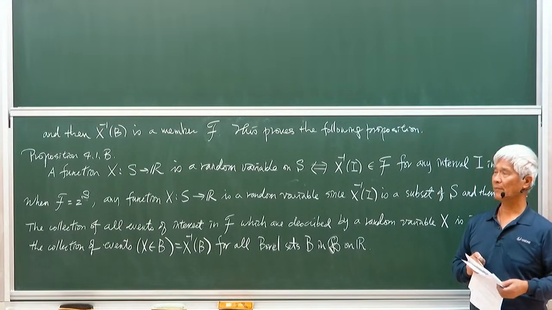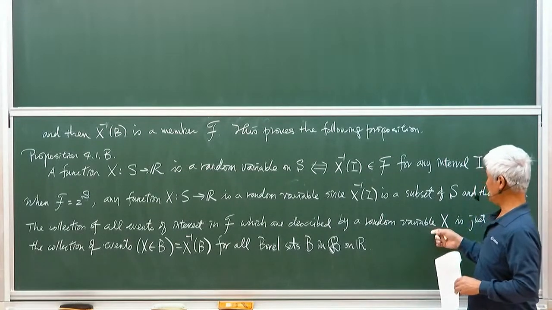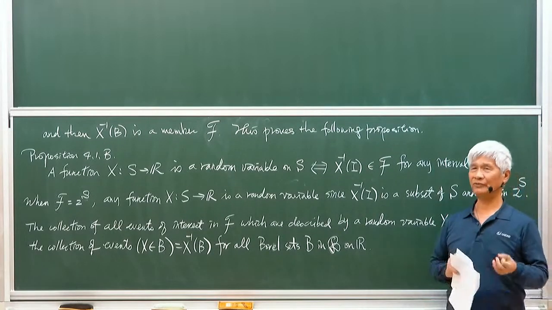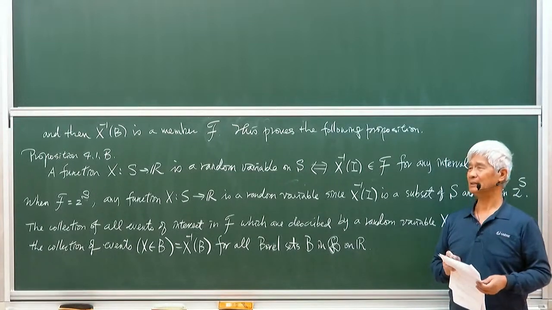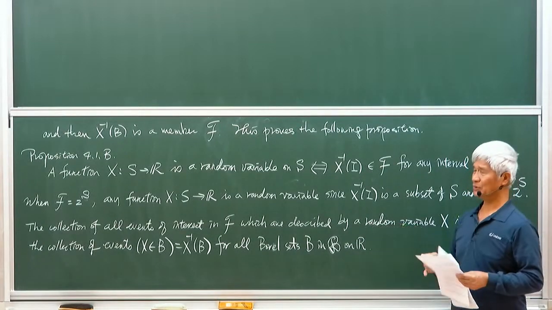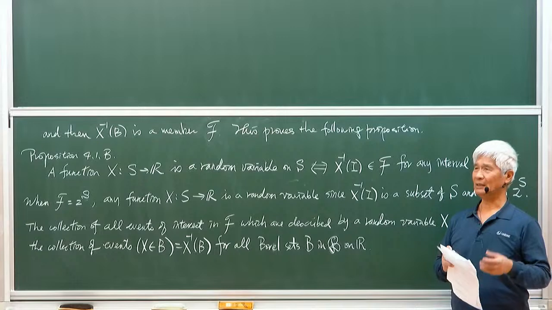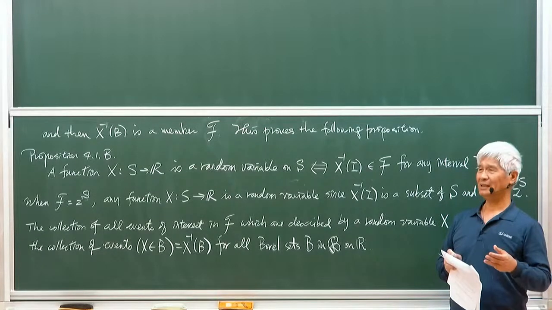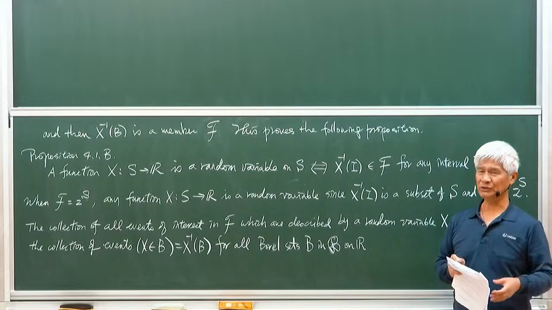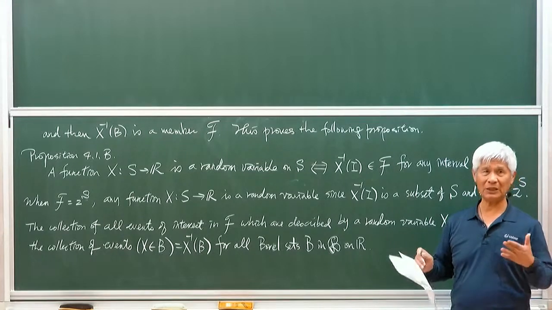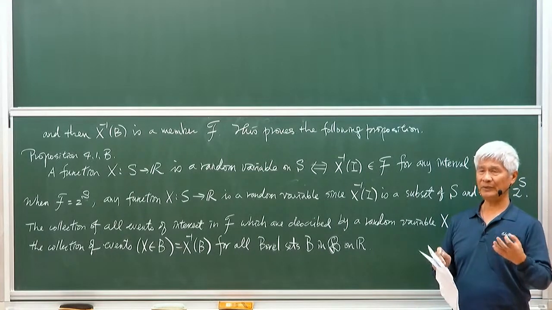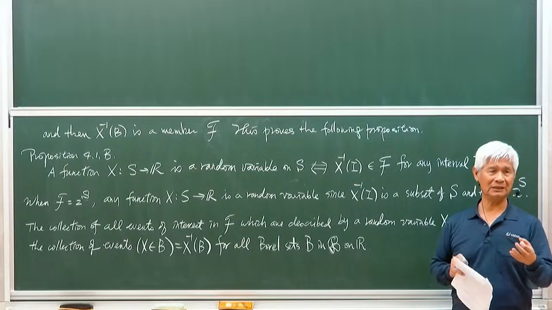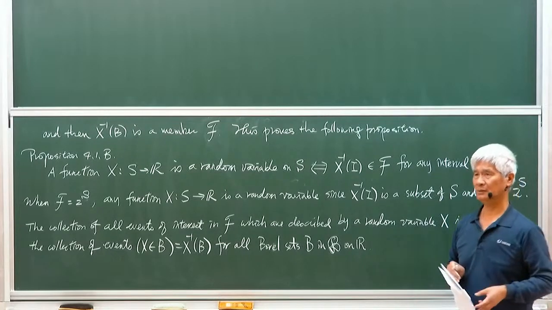Okay, because the gender has only two values, the events you can ask about are very limited, because gender is either 1 or 0, okay? So the information you can get is actually very little.